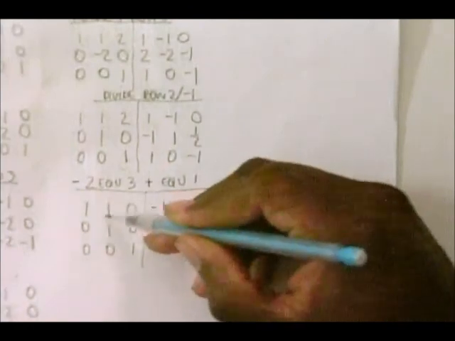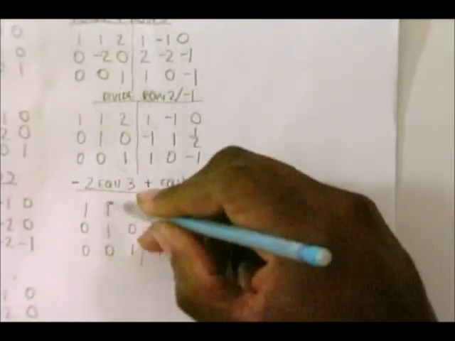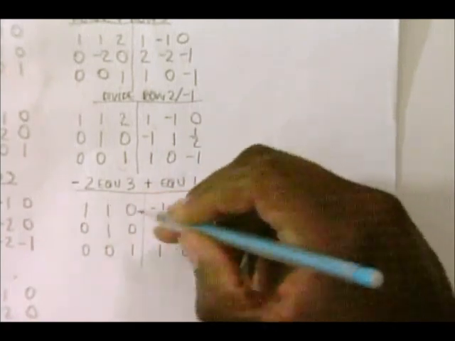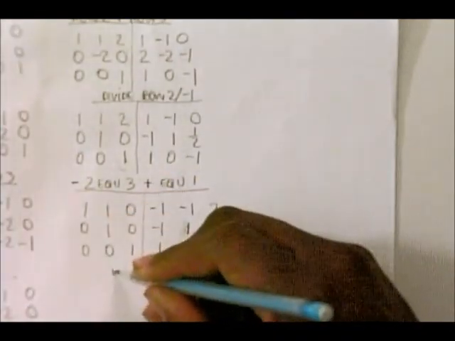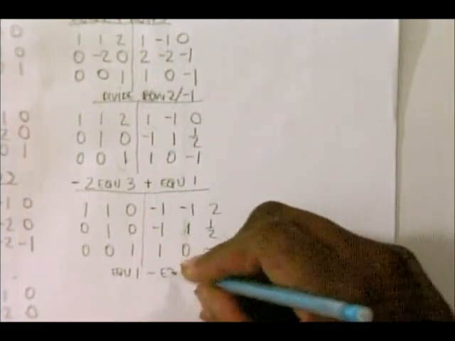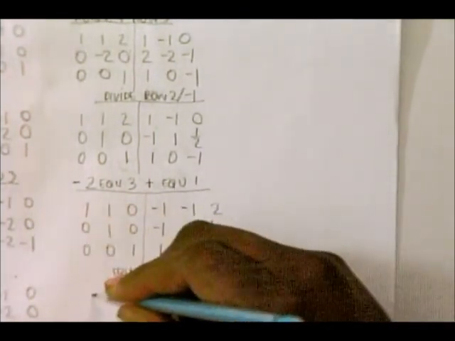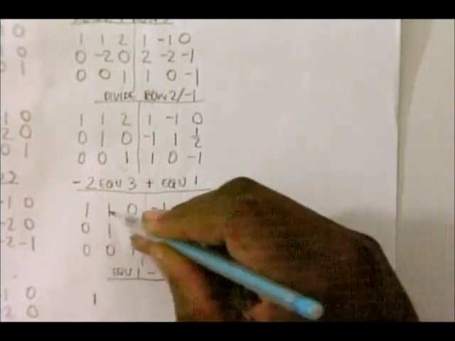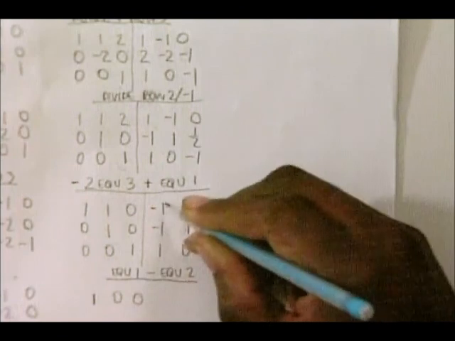We've got to attack this 1 here, and hopefully you see that we want to make this 0, and the way we can make this 0 is just subtract row 1 and row 2. Let's take equation 1, subtract equation 2, and if we do that, we get 1 minus 0 is 1. 1 minus 1 is 0. 0 minus 0, that's 0.